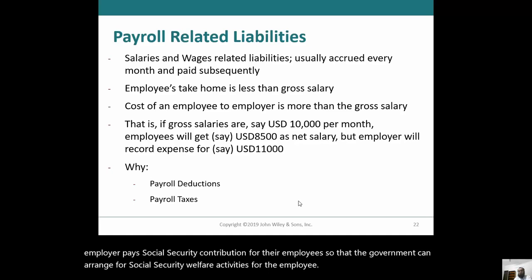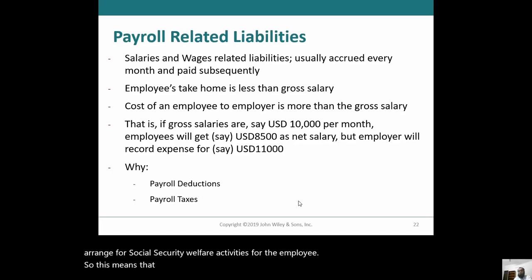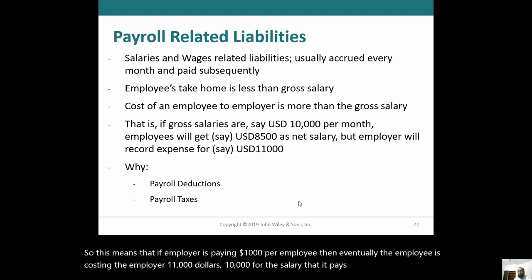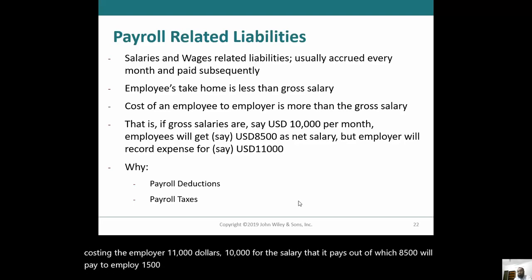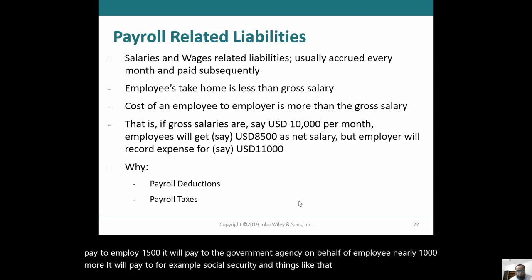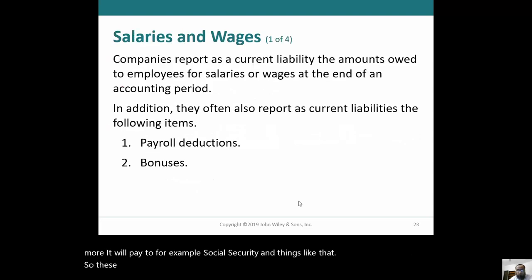This means that if the employer is paying $1,000 per employee, then eventually the employee is costing the employer $11,000: 10,000 for the salary, out of which 8,500 will be paid to the employee, 1,500 to the government agency on behalf of the employee, and 1,000 more for, for example, social security and things like that. These are the two concepts which we are going to demonstrate now.